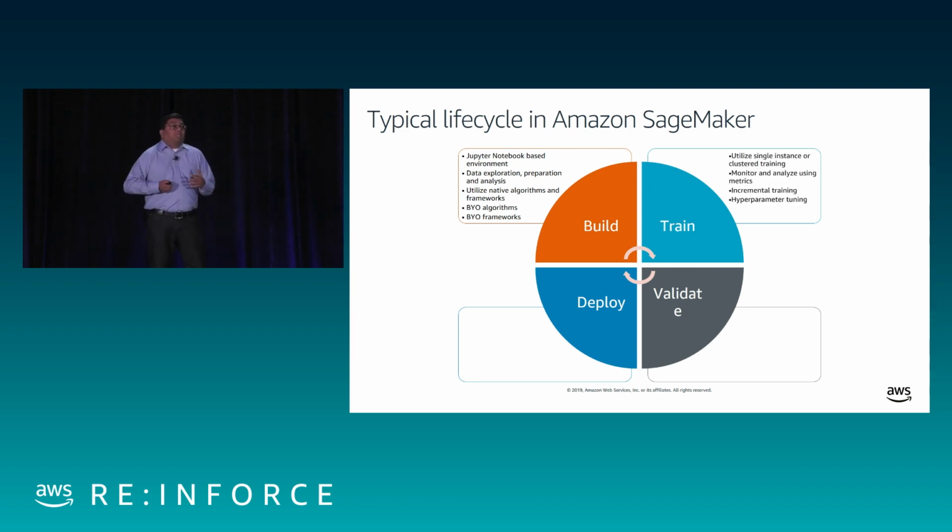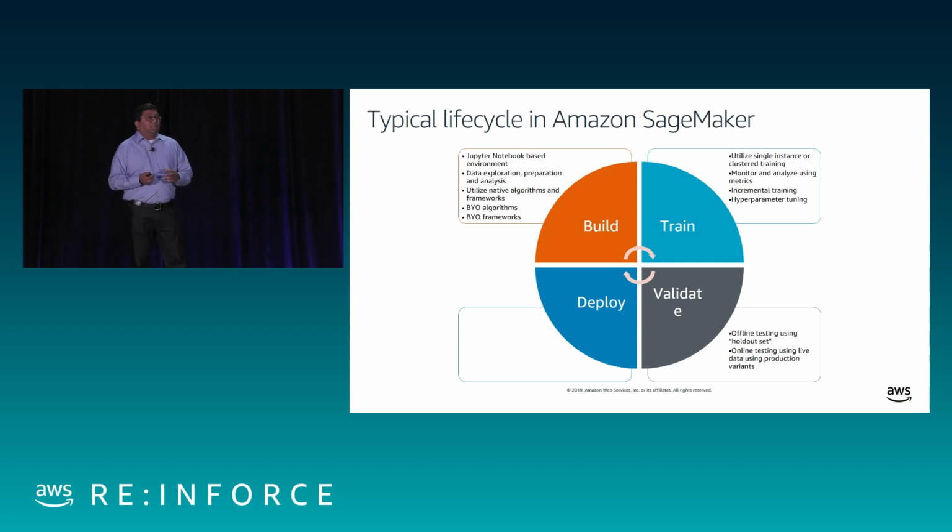Next, once you do the build of a model, which is your development activity, you train the model so that the outcomes it has to achieve are achieved using the algorithms that you're using. There are different techniques that people use to train their model, like hyperparameter tuning, etc. Once you train the model, you want to validate it and make sure the model yields the outcomes that you are looking for.